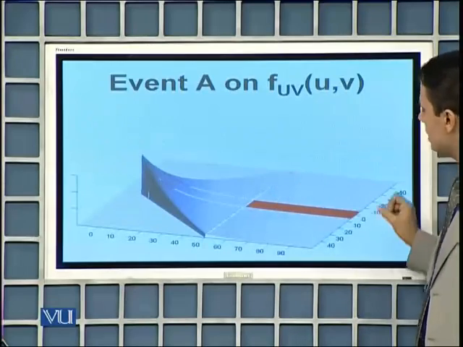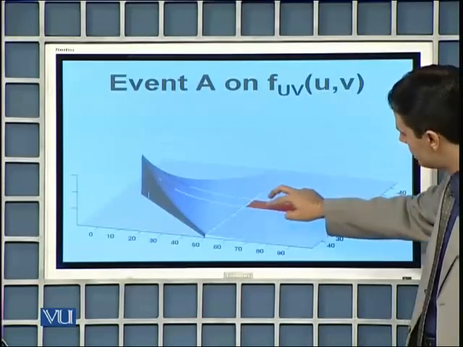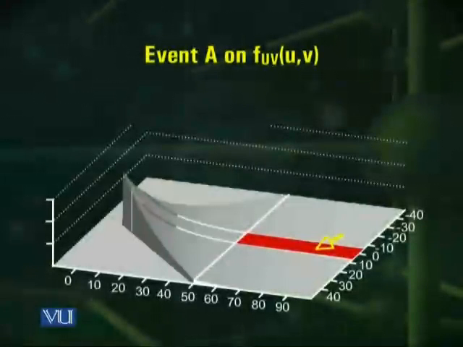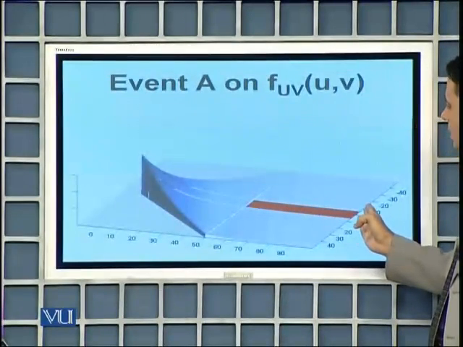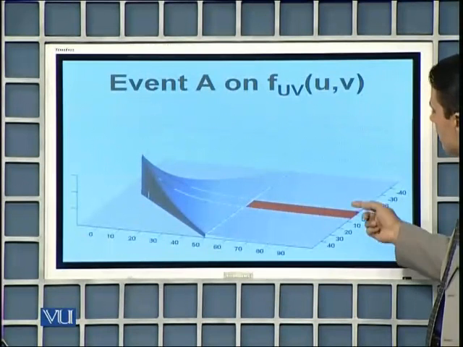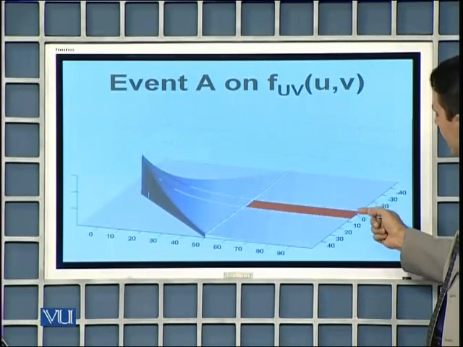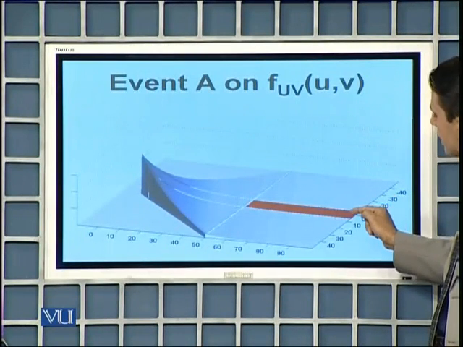If you combine these three constraints, then this narrow strip shown in red color is the event A, which represents that total service time is more than 50 months, and the difference of the two service times lies between -6 and +6.